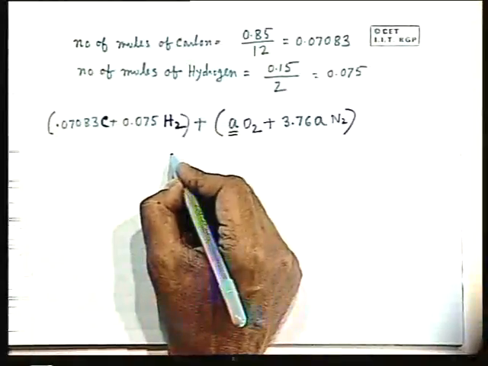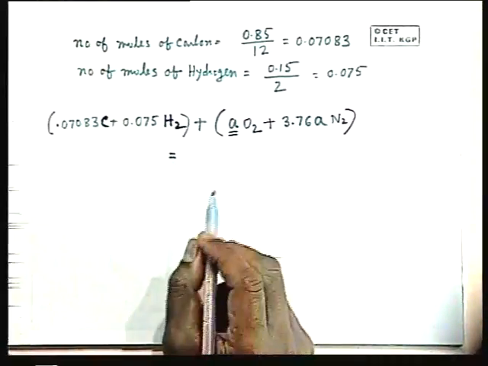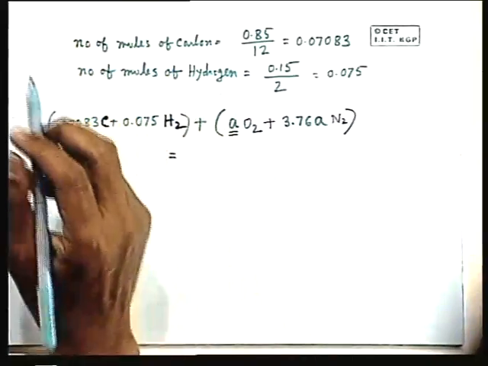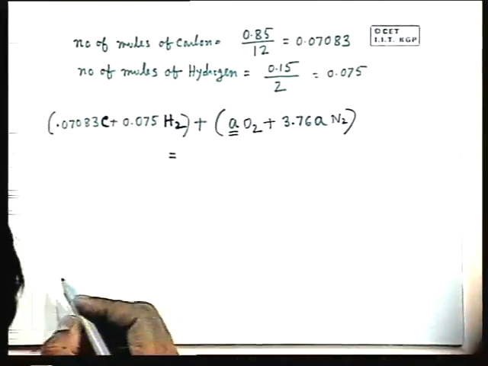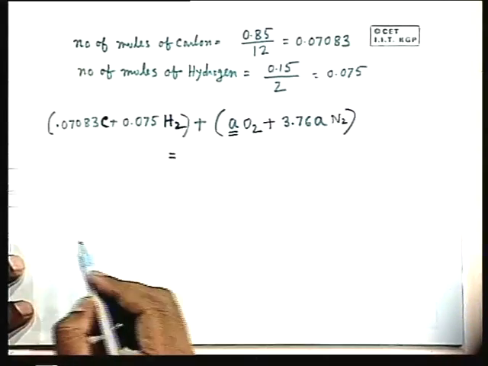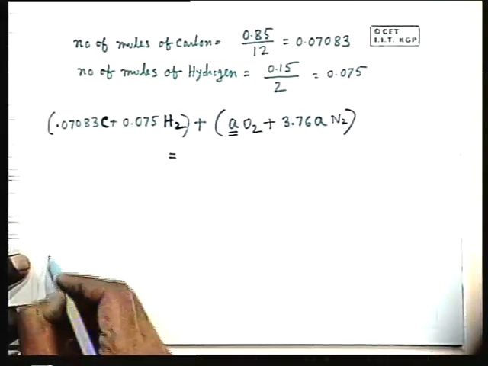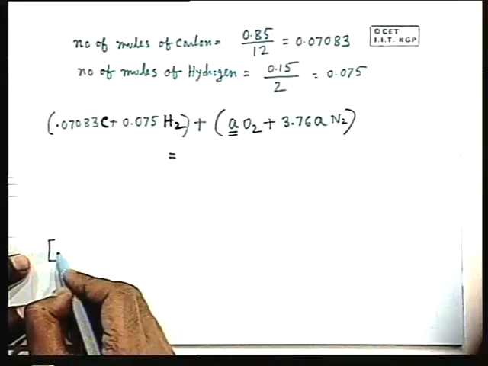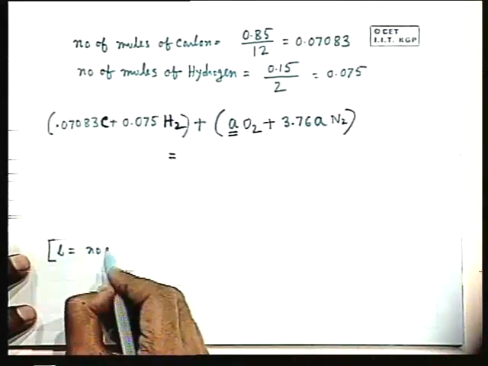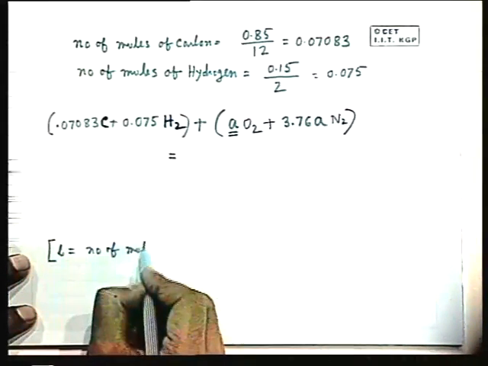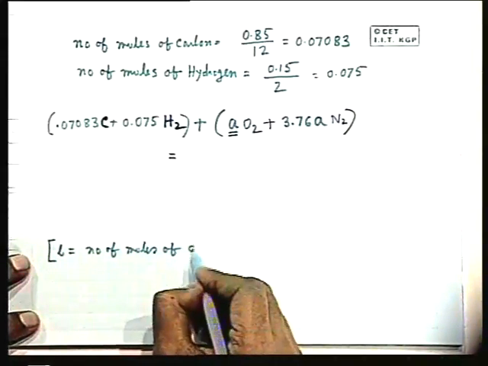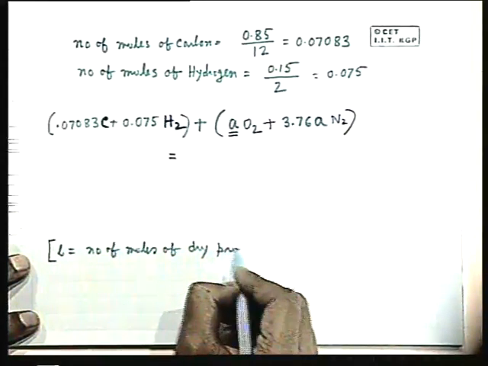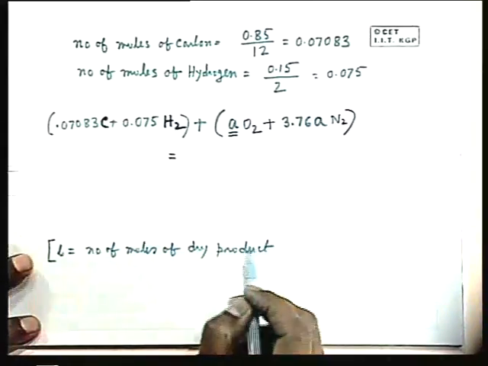Now, we have to assume that B is the number of moles of dry product per kg of fuel.